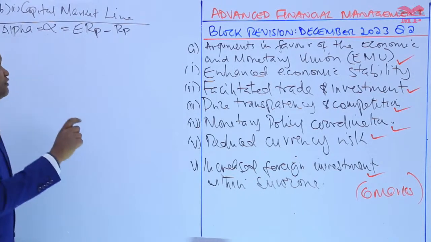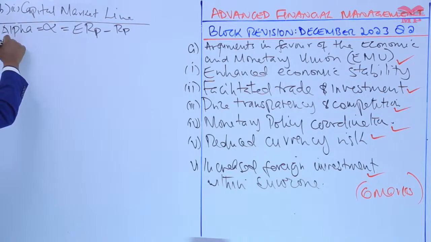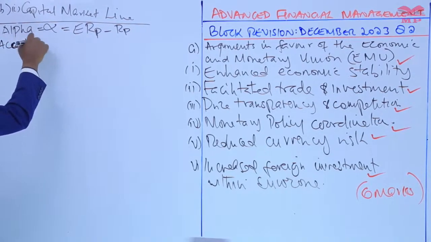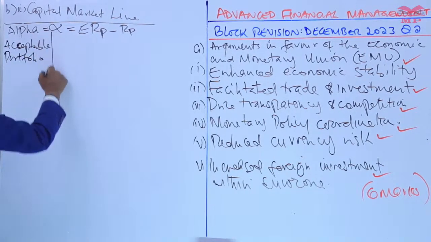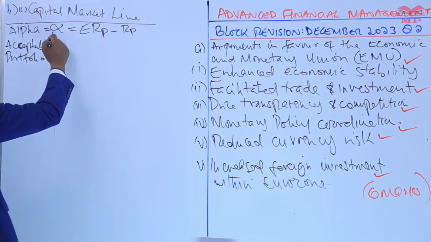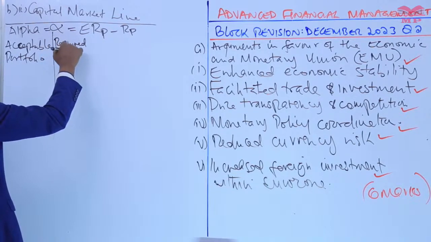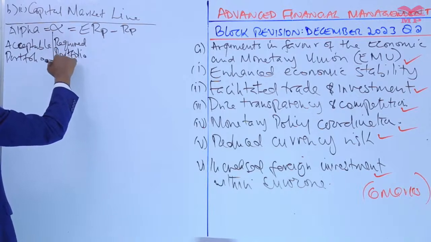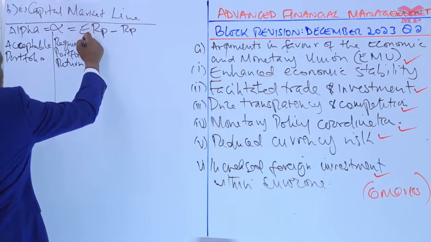We are going to calculate the alpha for each portfolio. So you'll have a table here, one column for the acceptable portfolio. Then you'll have another column for the required portfolio return.